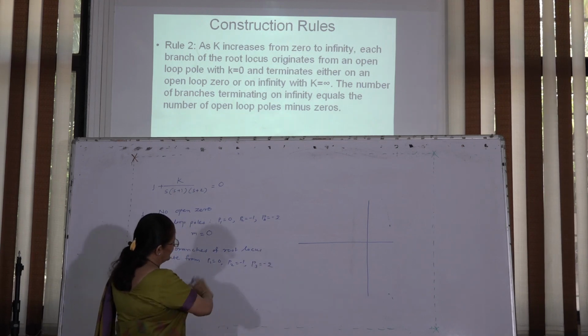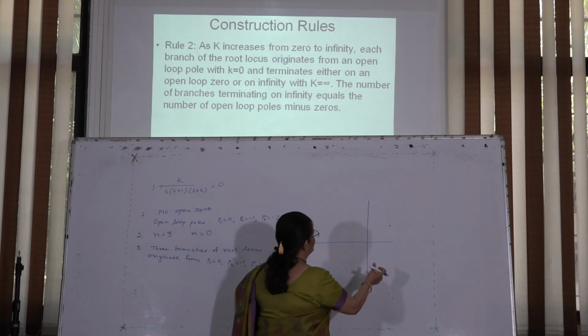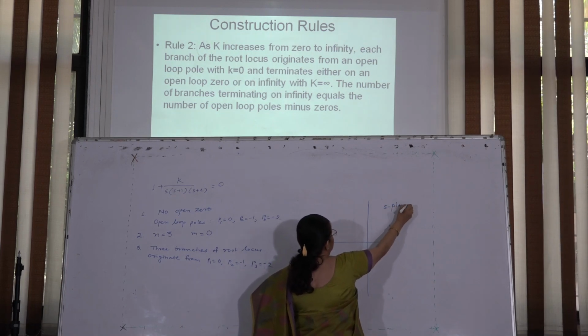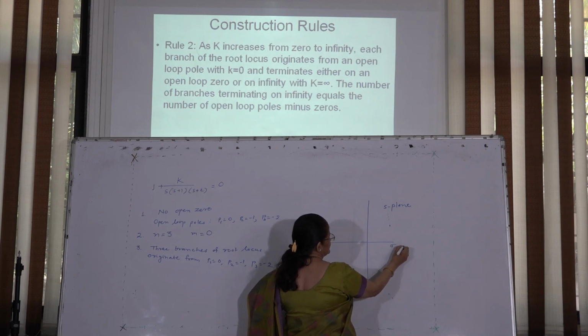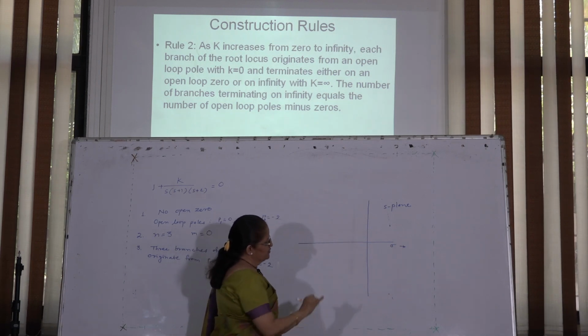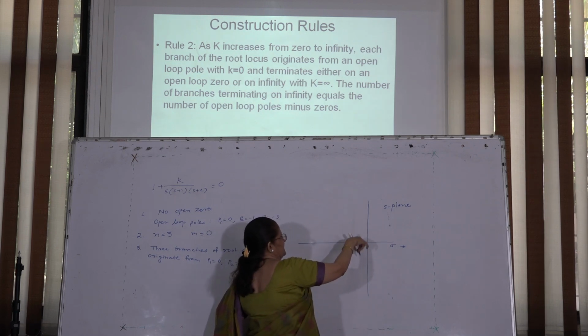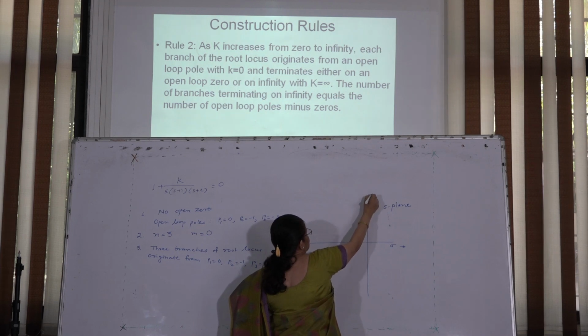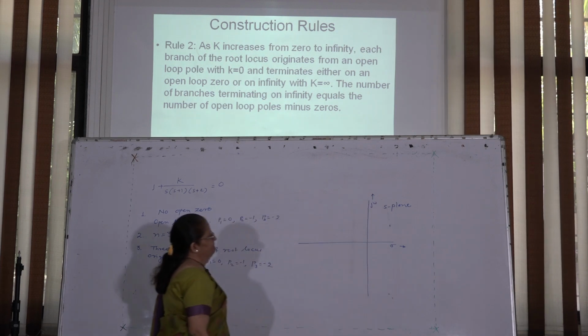In parallel we will represent this on the S plane. Whenever drawing the S plane, the basic thing is to write what the x axis and y axis are: the real axis is sigma and the imaginary axis is j omega.